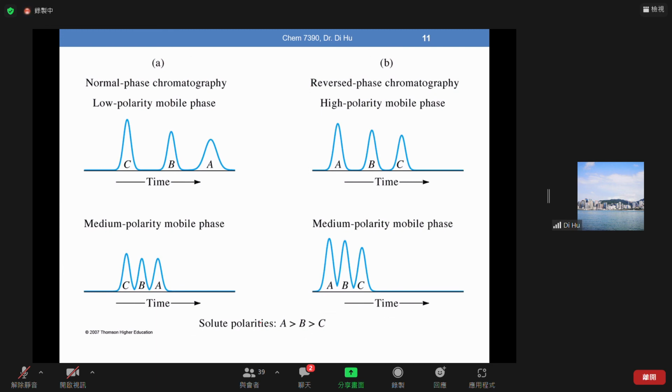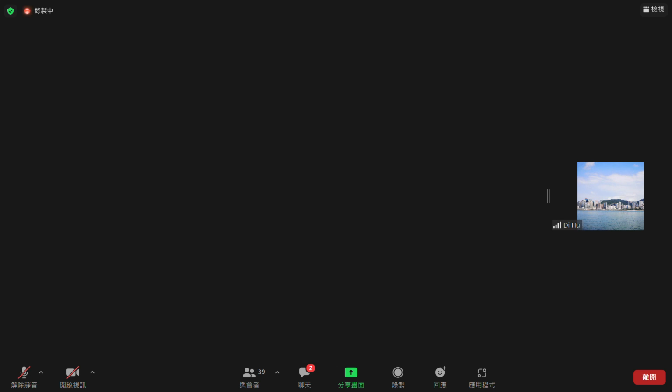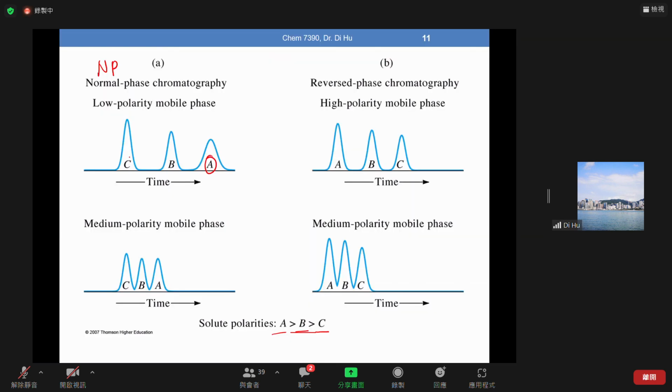For normal phase, if we have three analytes, A more polar than B, more polar than C, because the stationary phase is polar, the polar compound has strong affinity to the stationary phase and will come out last. The non-polar one will come out first.